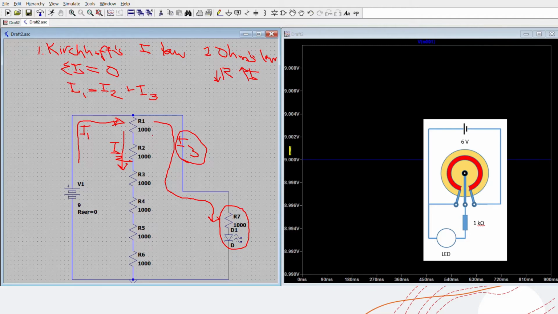Comparing the resistance here, 6,000 ohms and 1,000 ohms, we have a lower current of I2 compared to I3. So that's according to Ohm's law. Most of the current will flow to our external circuit because it has lower resistance. Because of its lower resistance, we have a higher current here compared to I2 flowing in our resistance material.